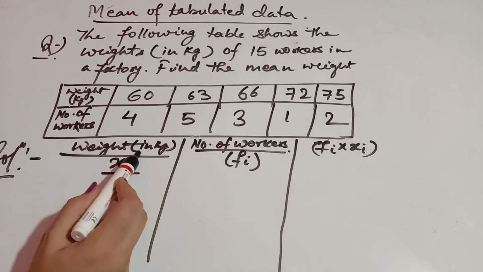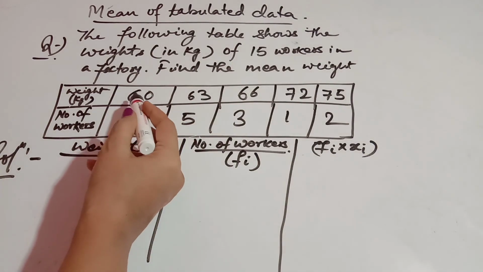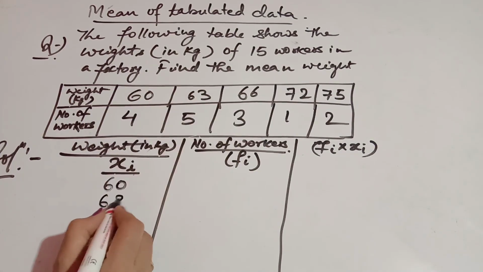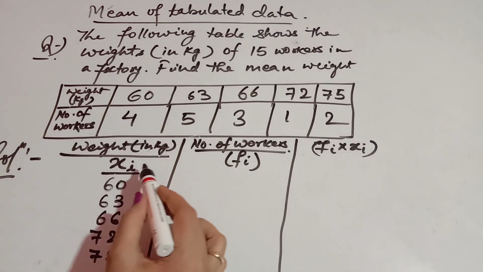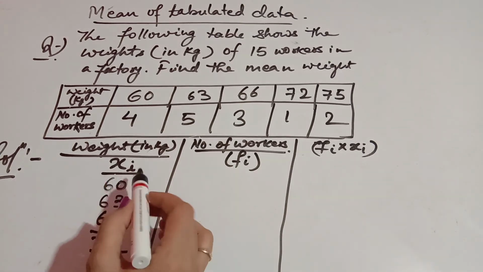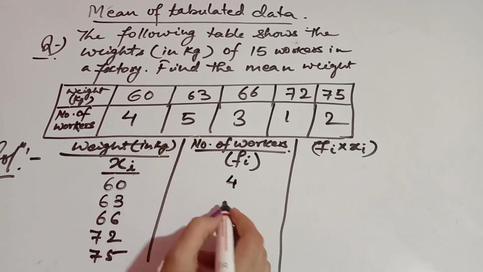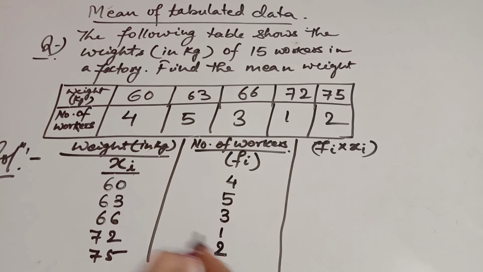The weight in kg is your observation. Serial-wise, write 60, then 63, 66, 72 and 75. That completes the xi part. Now the respective frequencies: for 60 the frequency is 4, then 5, 3, 1, 2.